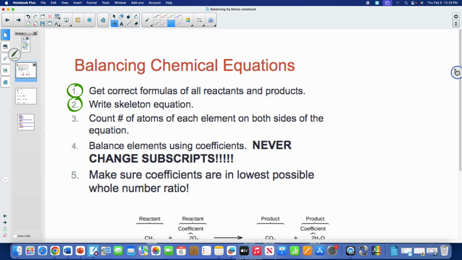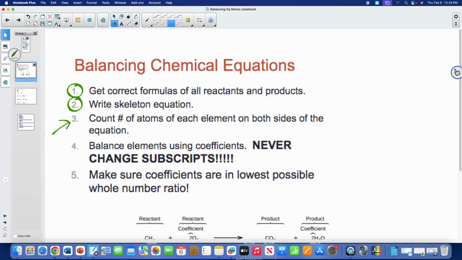All right, so step 3. The first thing that you do is count the number of atoms of each element on both sides of the equation. The only thing that we change or add when we balance is coefficients.